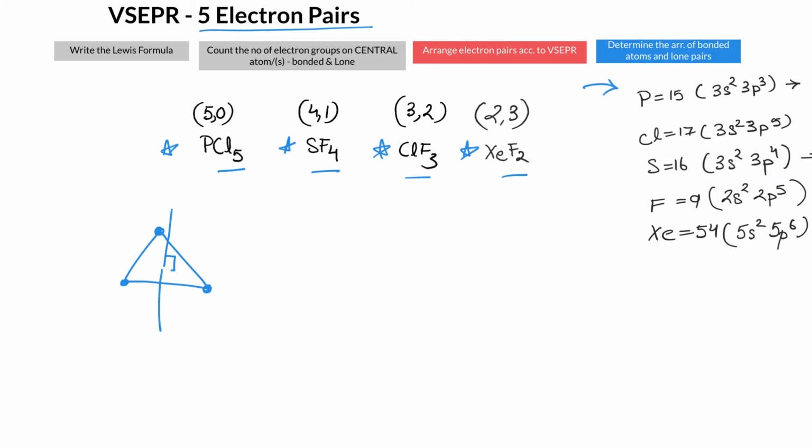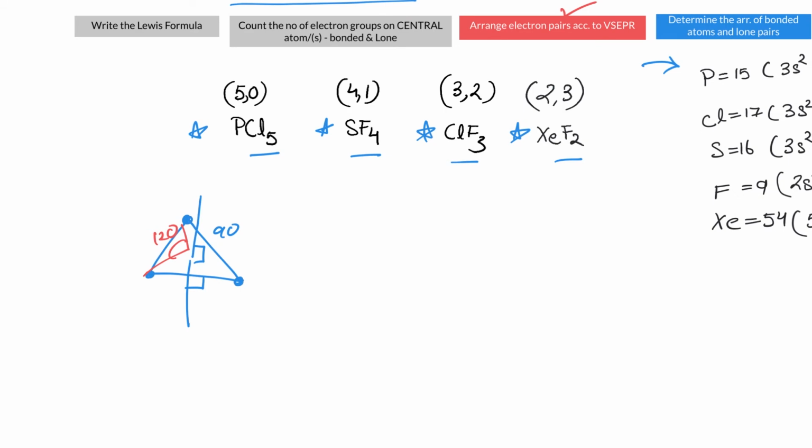Bipyramidal means these angles are going to be 90 degrees, whereas the angles between these should be 120 degrees, right? So this is how the electronic geometry of all these compounds should be. But obviously you have to take into account the lone pairs.